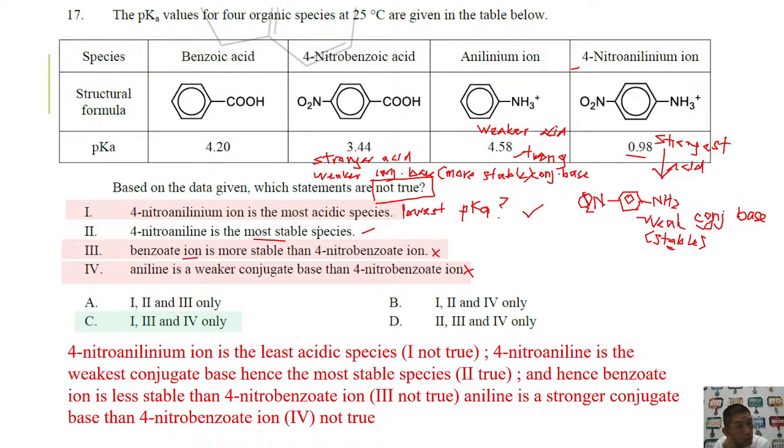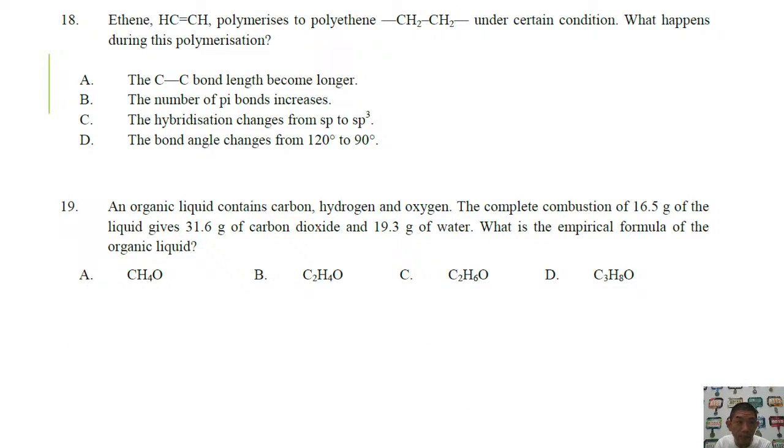Then we have question number 18. Ethene, CH2 double bond CH2, is polymerized to ethane under certain conditions. What happened during this polymerization? You must know that when you have a C double bond C, this is sp2. When you polymerize, it will become sp3.